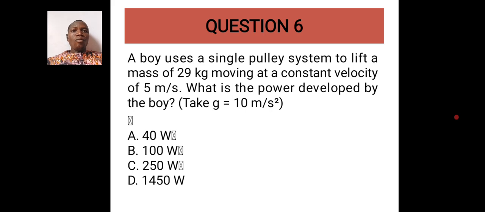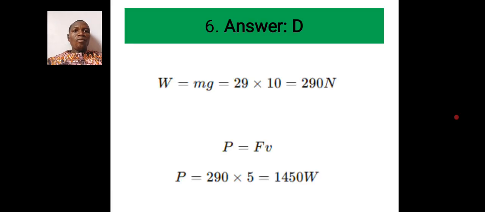Remember, you can calculate force. Since mass is given to us, we can calculate force. So we also have acceleration due to gravity, if you remember. So you can calculate your force and then multiply to get your power.